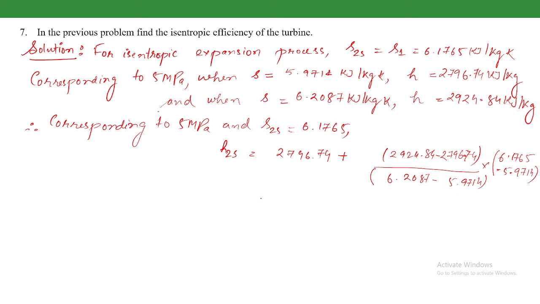So this value comes out to be 2907.29 kilojoule per kg.